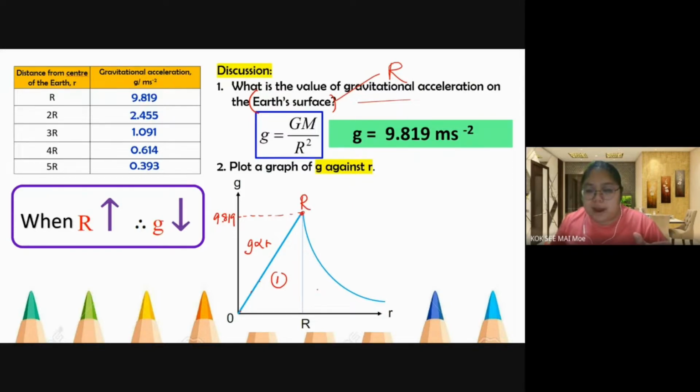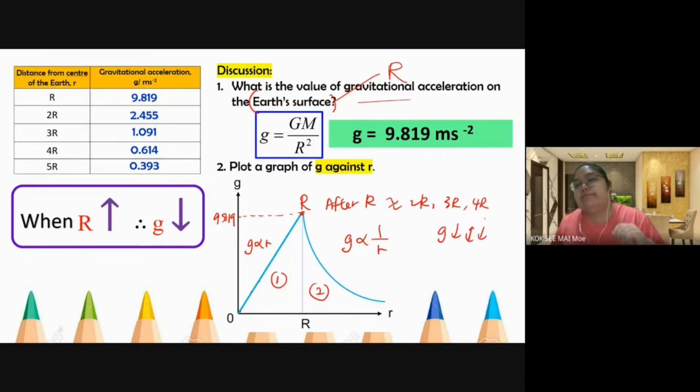So for the second part, G is directly proportional to 1 over R. Inversely, I mean. So if I mention R, G is inversely proportional to R. It means just after R, for example 2R, 3R, 4R, then your G will drop and drop.